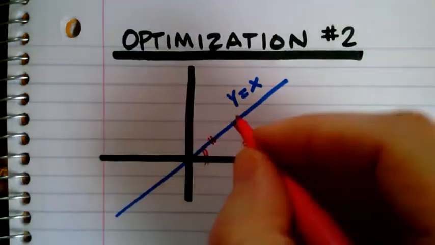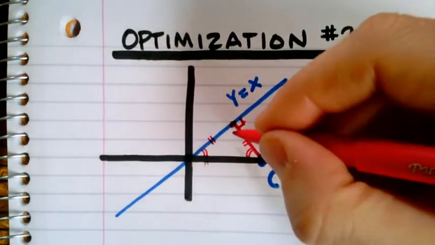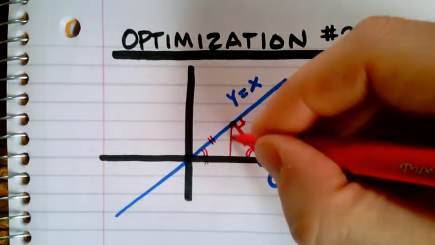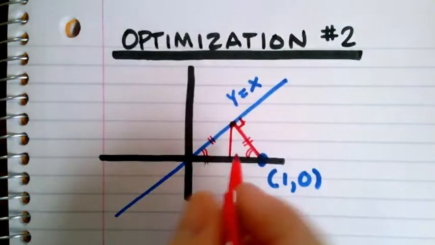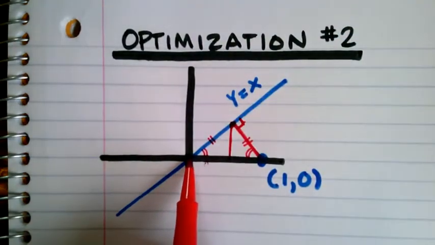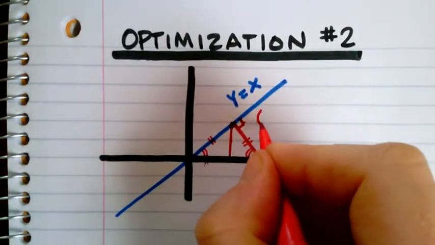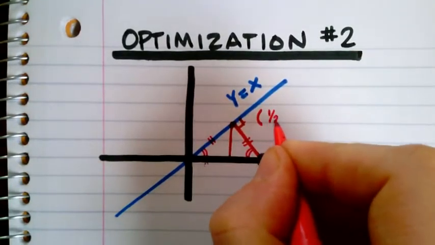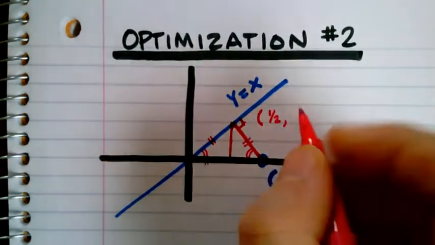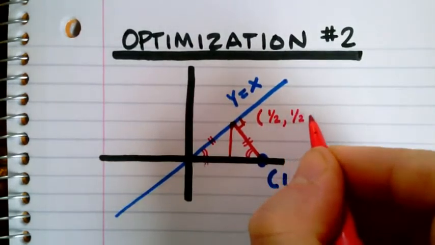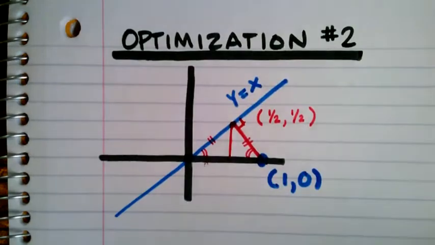Now, if that's the case, that means that this point right here is going to be a bisector of the segment from 0, 0 to 1, 0, which means that this point right here, we know right away needs to be 1/2. And if x is 1/2, then y also has to be 1/2. So there's the answer to the problem.